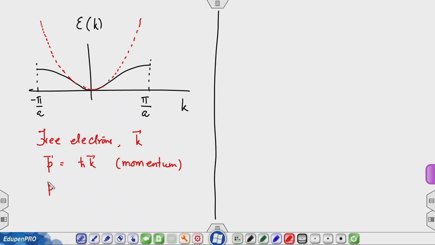The rate of change of momentum, p dot, is equal to the force applied, and this means h cross k dot is equal to F. This is Newton's second law.